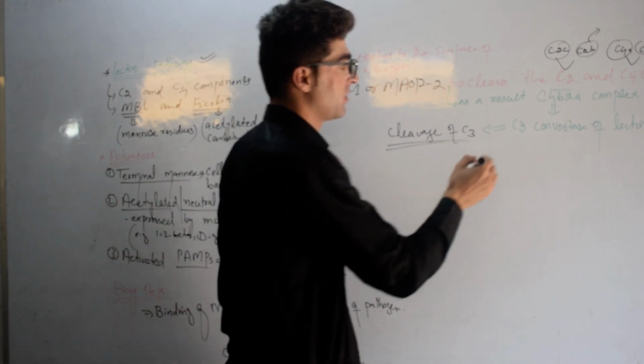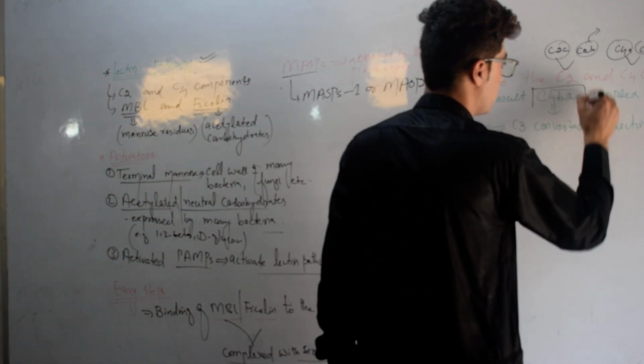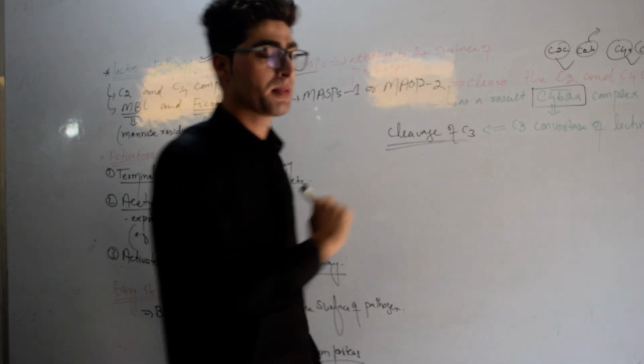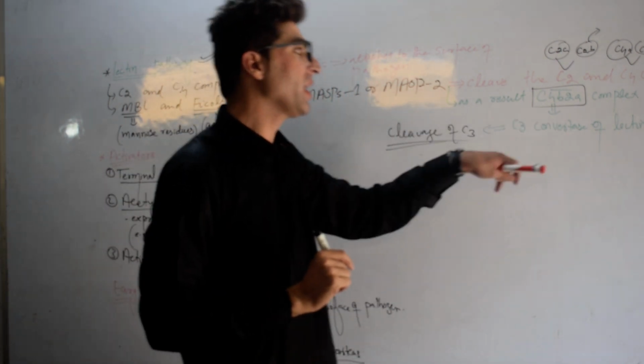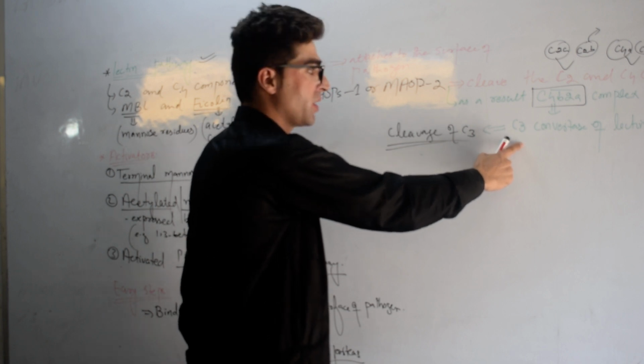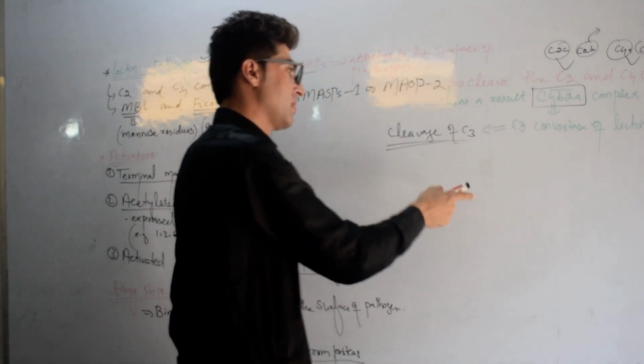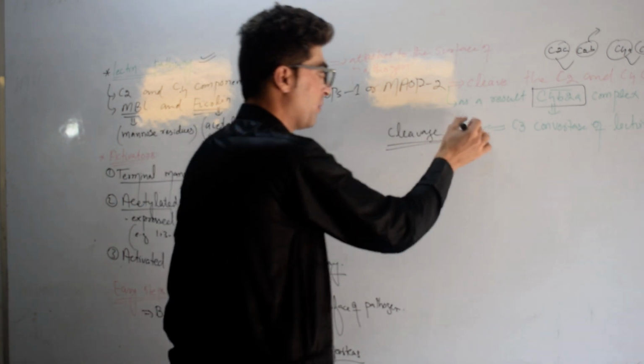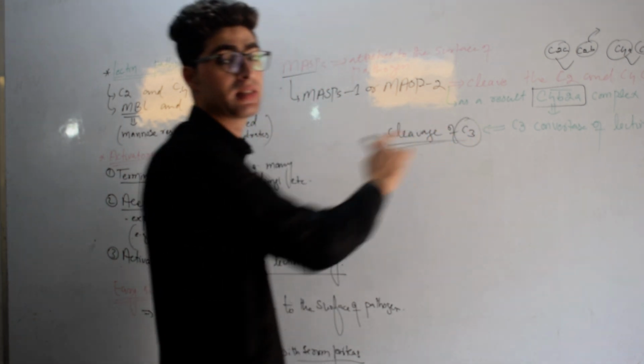As a result the C4B2A complex is formed, and this is called the C3 convertase of the lectin pathway, which cleaves the next component, C3.